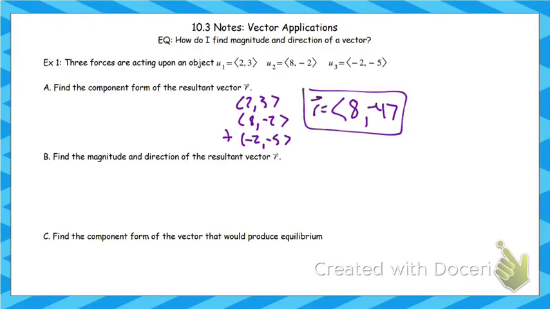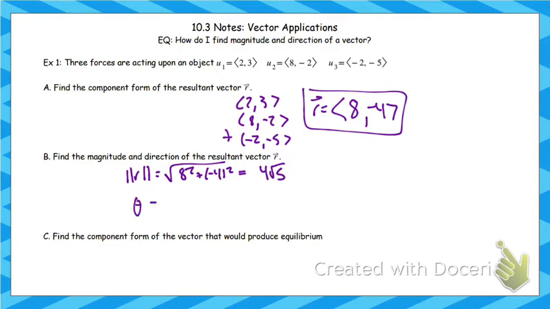Now we're going to find the magnitude and direction, because that's what makes sense for a lot of these applications. Remember, magnitude is the Pythagorean theorem. So 8 squared plus negative 4 in parentheses squared, which is the square root of 80, and that simplifies to 4 square root of 5. Then we find our angle.